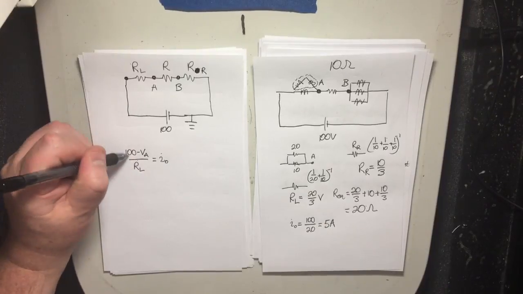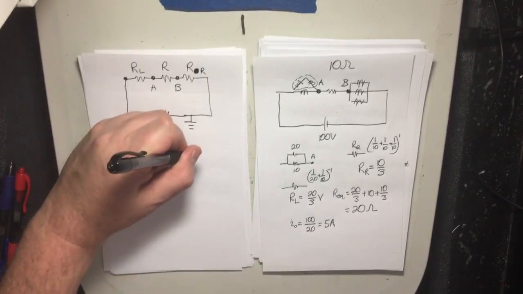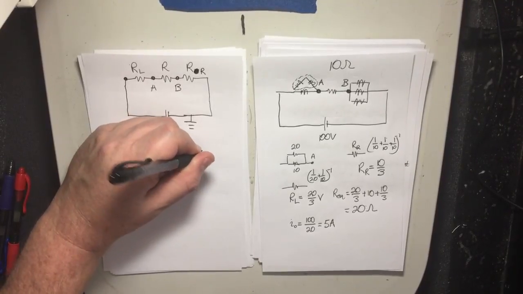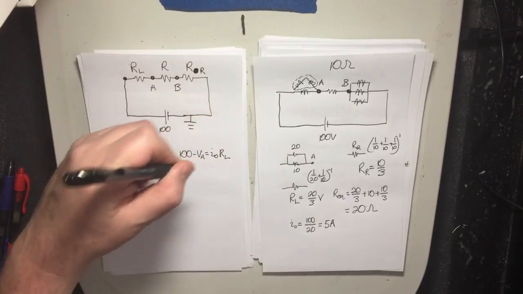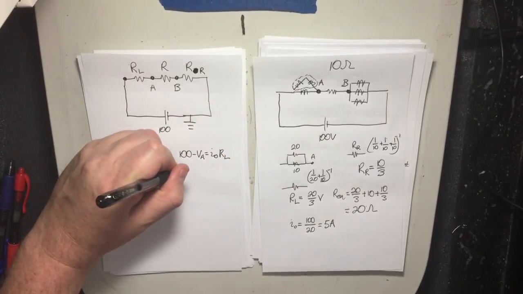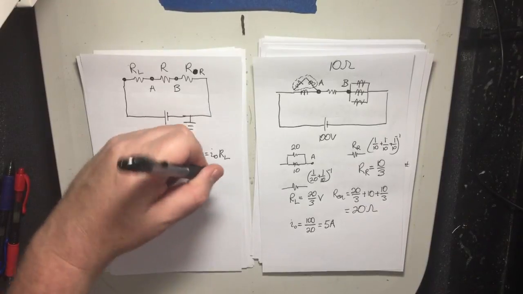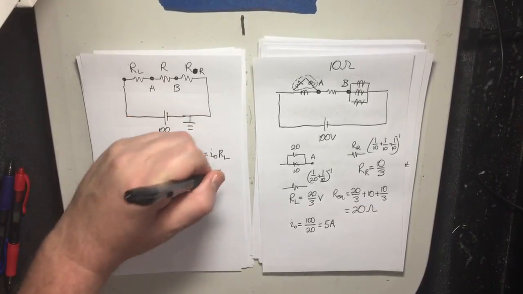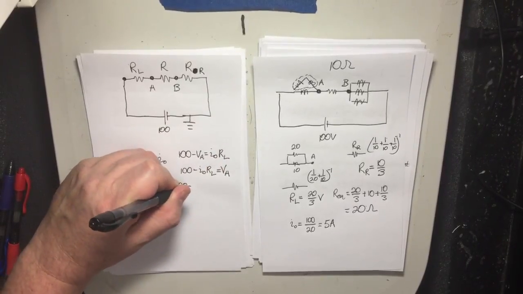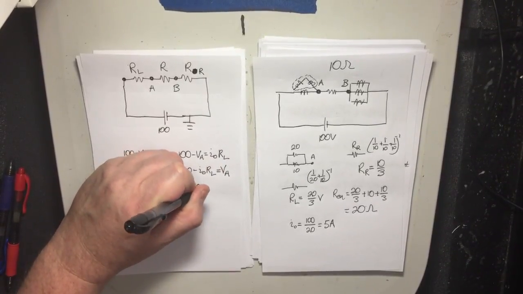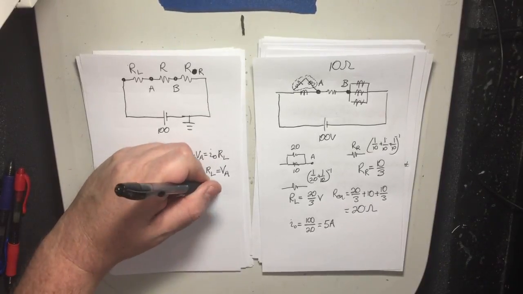I know what these two are, so 100 minus VA is equal to I naught RL. So 100 minus I naught RL is equal to VA. So 100 minus 20 times 20/3.